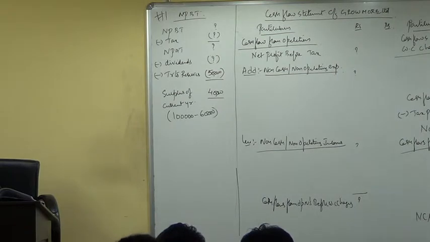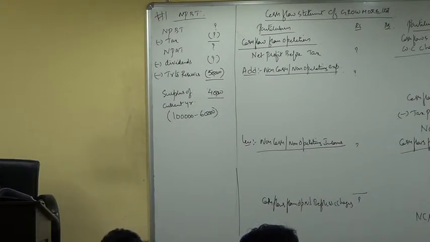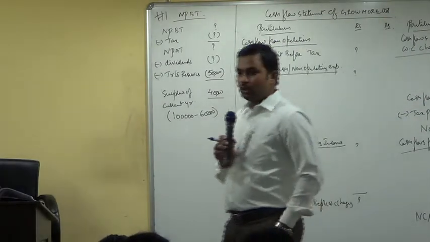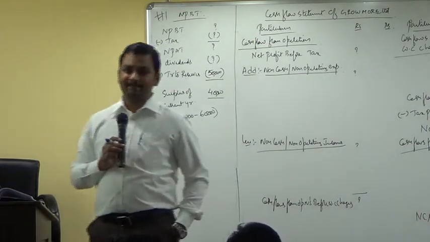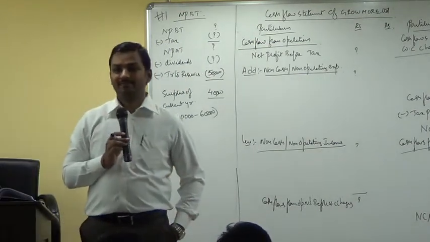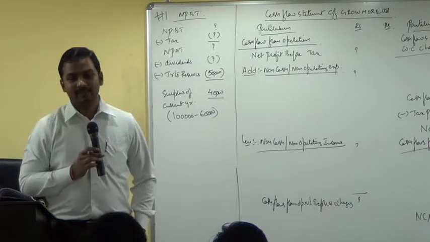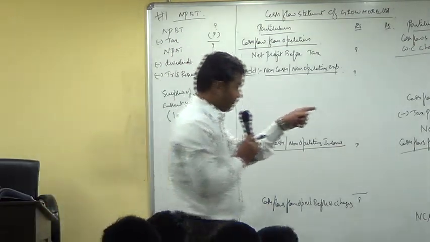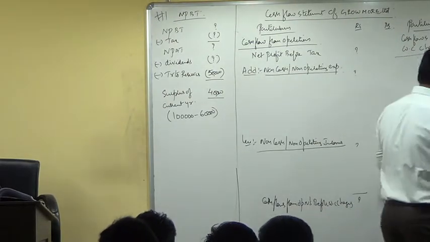By balance brought down. What was the opening balance for provision for tax? 70,000. By balance brought down 70,000. To bank 50,000. Payment, where do you show? Tax paid.